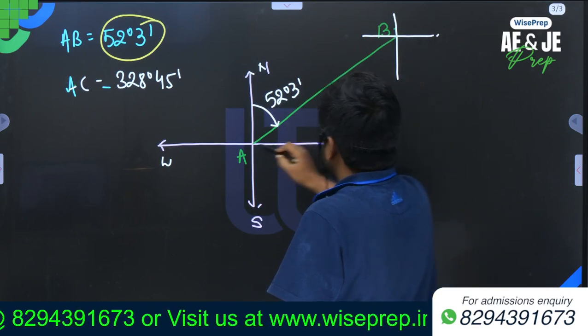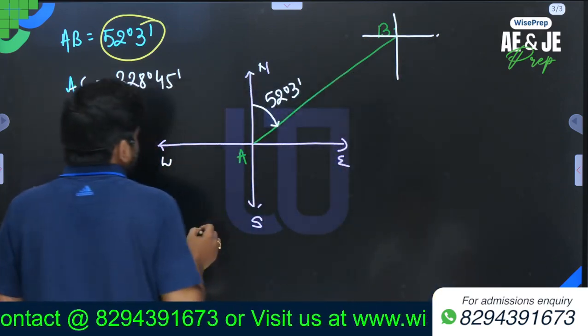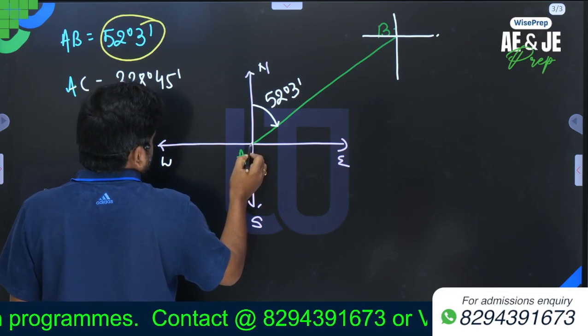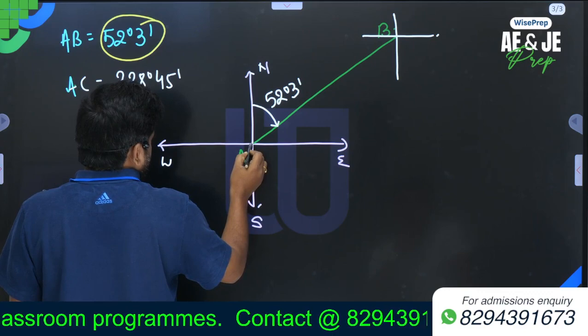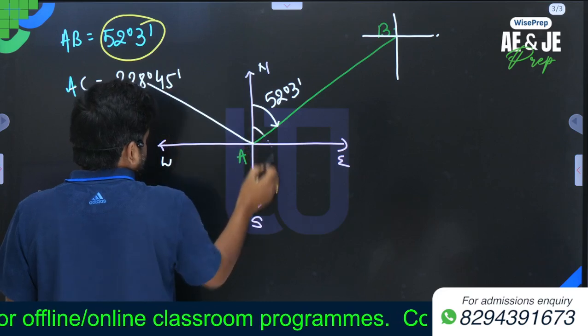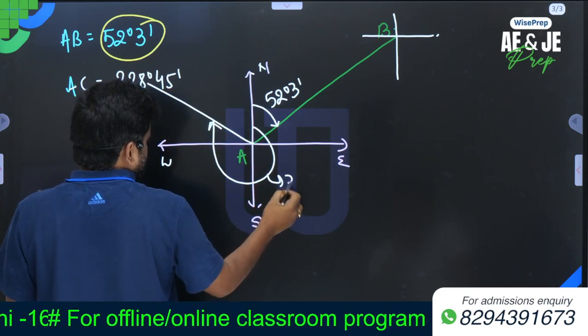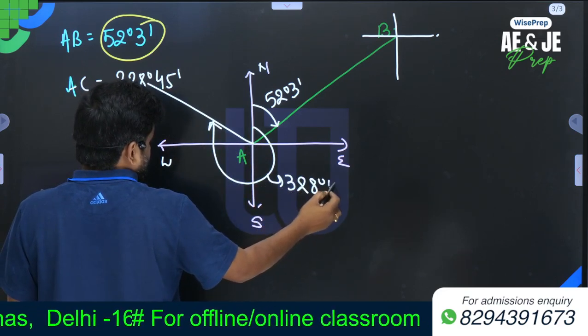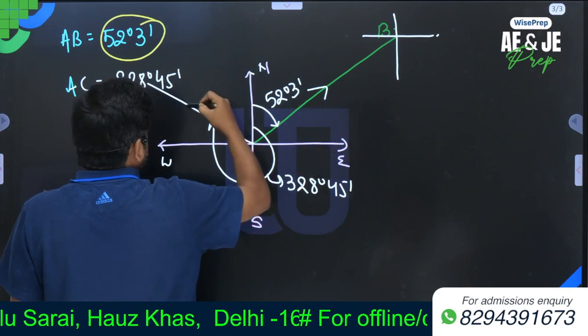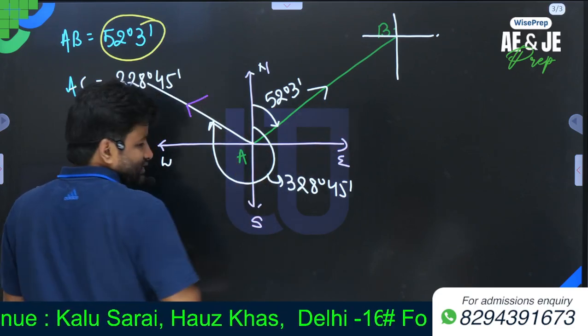This is AB and AC. So this is 328 degree 45 minutes, and it will be like this way.